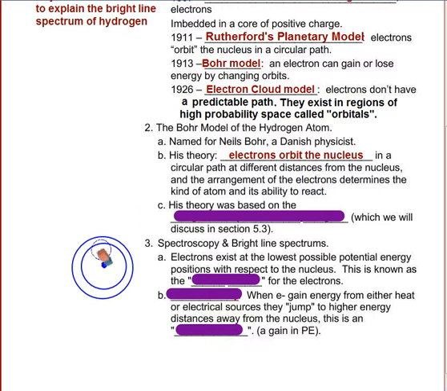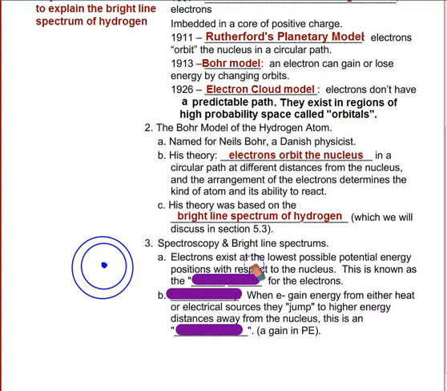The electrons would orbit at different distances from the nucleus, and the arrangement of those electrons determined what kind of atom it was and its ability to react. His theory is based on the bright line spectrum of hydrogen, and we'll discuss that a little bit more in section 5.3 with spectroscopy and bright line spectrum.